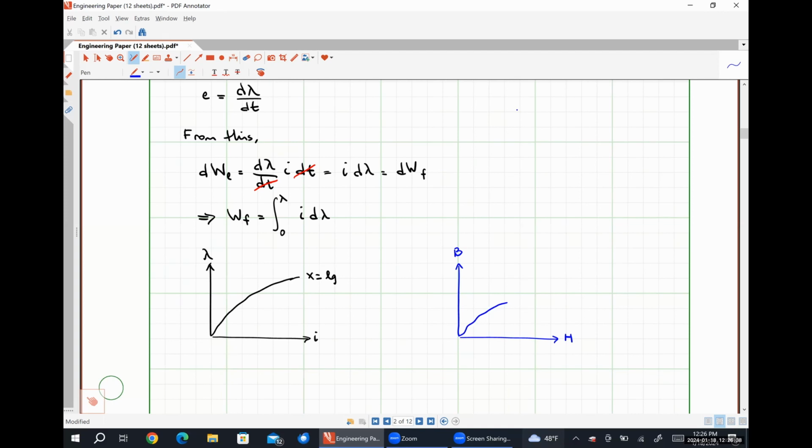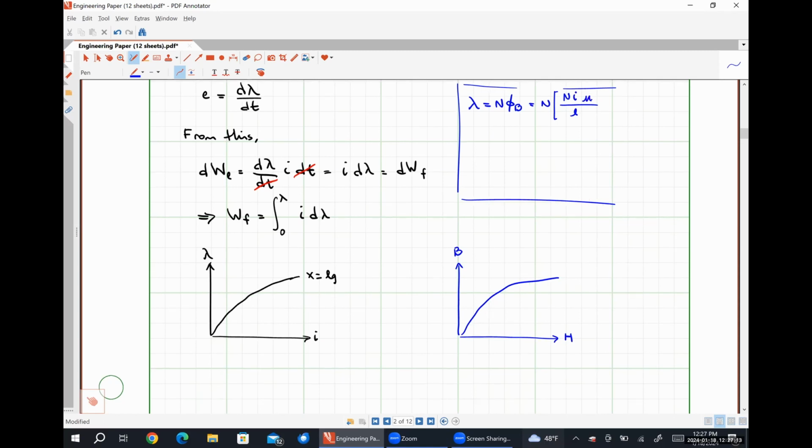And our magnetic flux can be expressed as our MMF divided by equivalent reluctance, where MMF is N times I, and our equivalent reluctance is going to be the length of our core material divided by the permeability of our core material times the area of our core material.